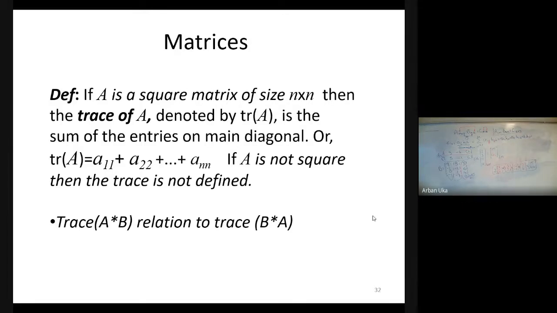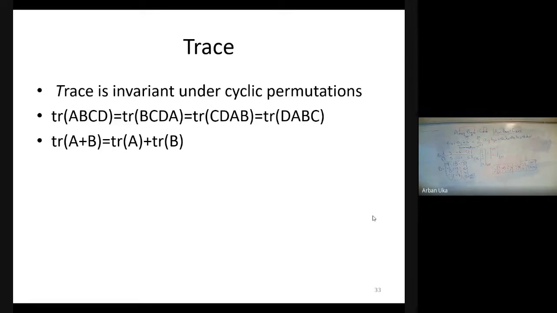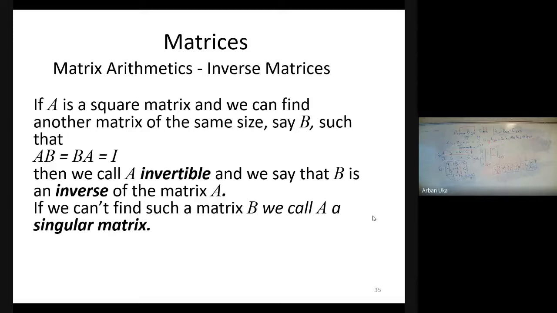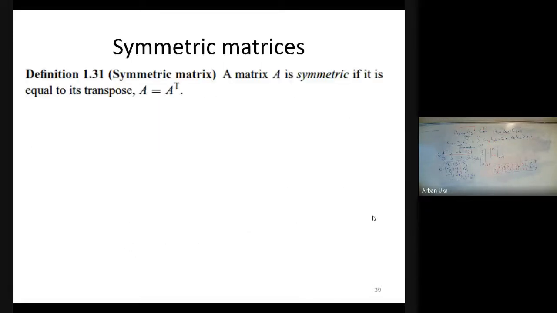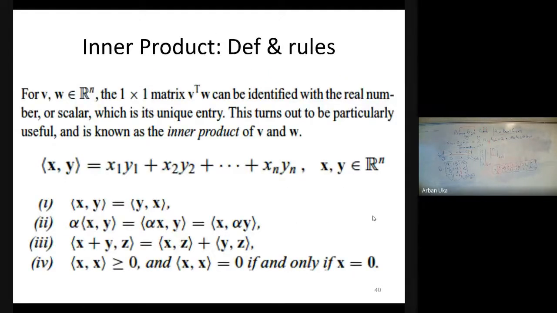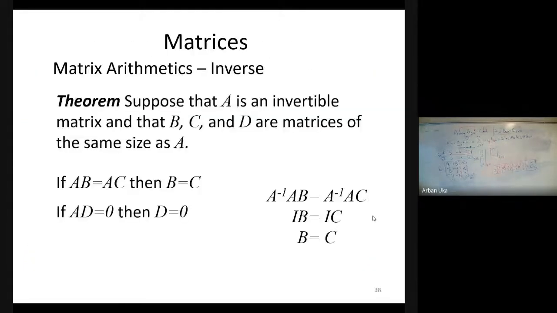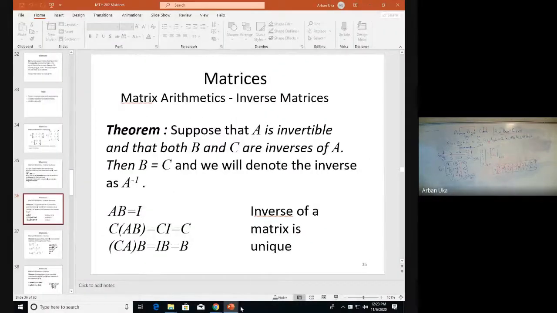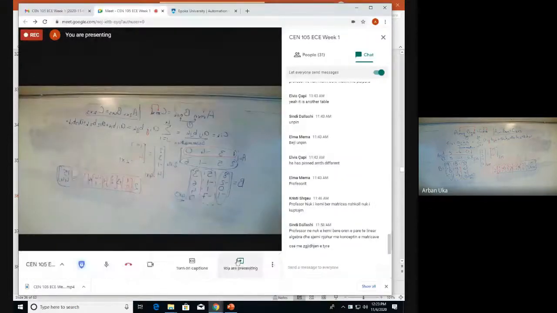I'll come back to the information covered in the previous two slides when I switch to the board. Trace has an interesting property because it is invariant under cyclic permutations of the multiplication of matrices. I think I'll stop somewhere here, but we'll continue with a couple of exercises.